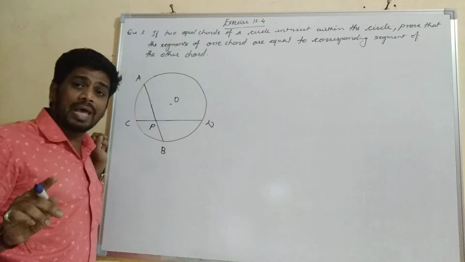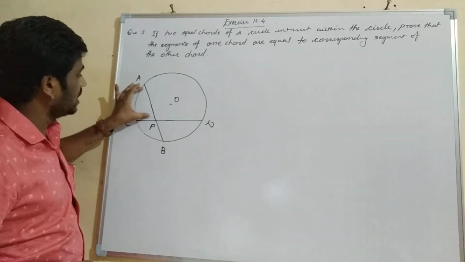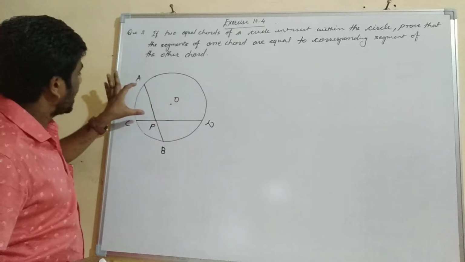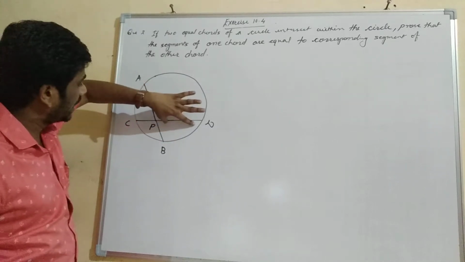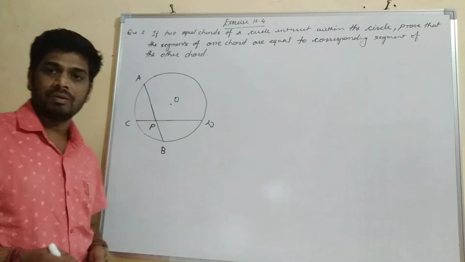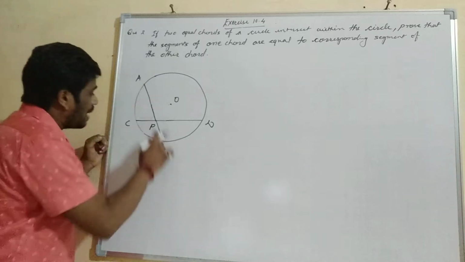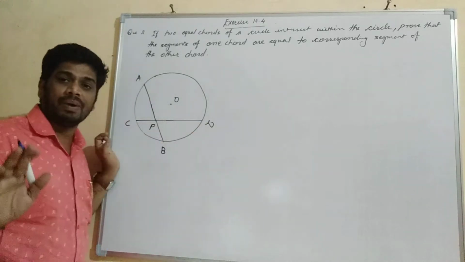We have to prove that the corresponding segments are equal, which means AP will be equal to PD and CP will be equal to BP. Okay, so what is given here? AB will be equal to CD. It is given.